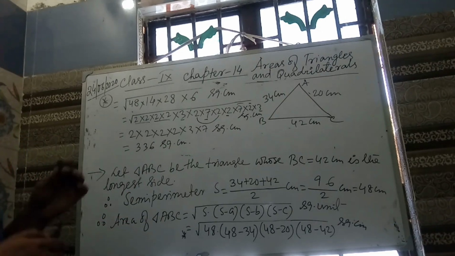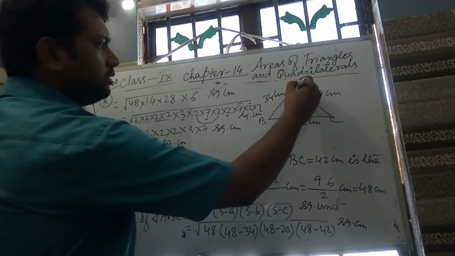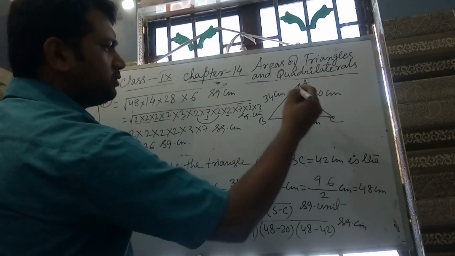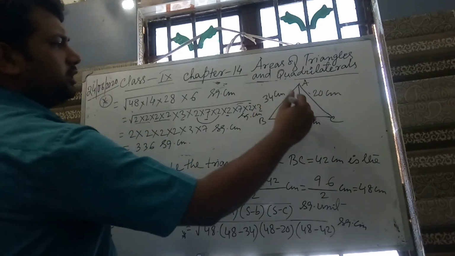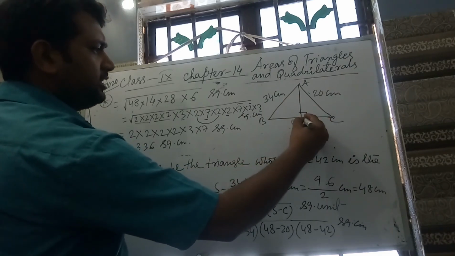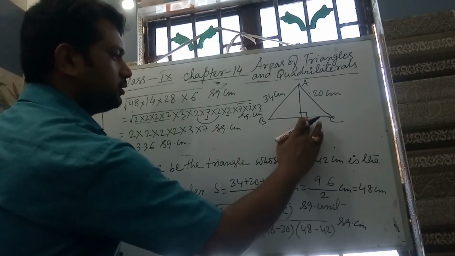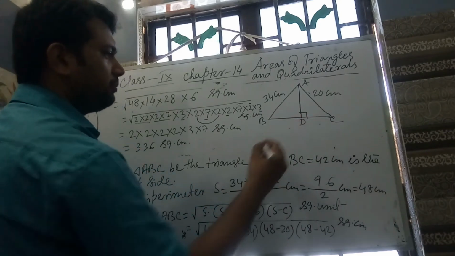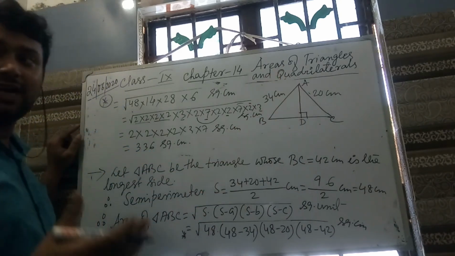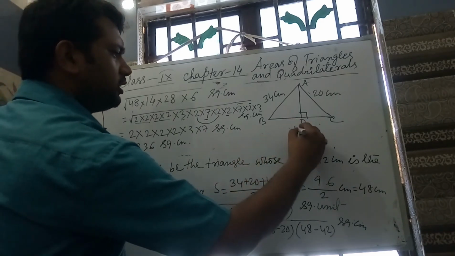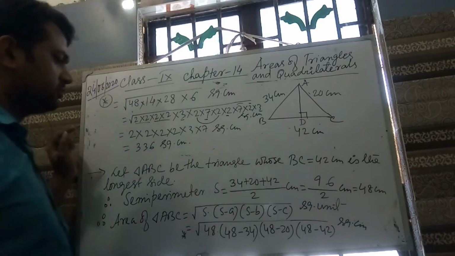Let me check it. So we are drawing a perpendicular AD. Mark this point as D. We are drawing a perpendicular AD, that is the height to the side BC.